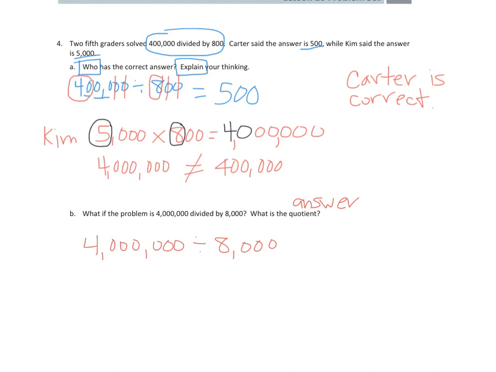The basic math fact is 8 and 40, not 4. Then we're going to cross off 3 zeros in 8,000 and 3 zeros in 4 million. Let's do the basic math fact first. 40 divided by 8 is going to be 5. And how many zeros are outside the circle? There's only going to be 2. So the answer turns out to be 500.